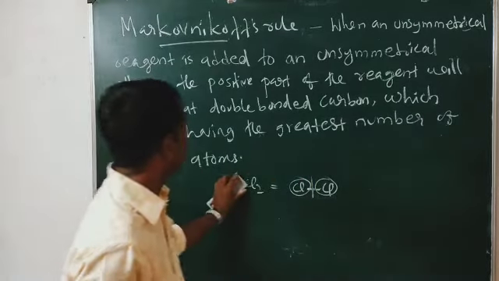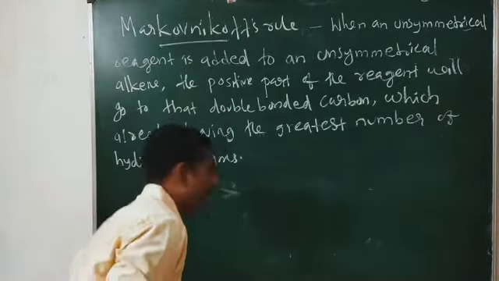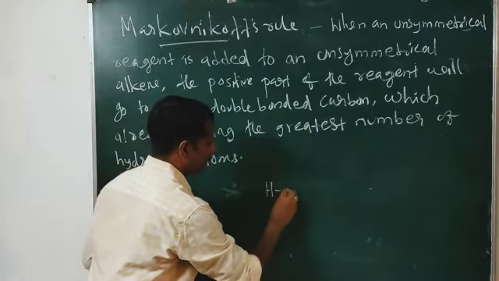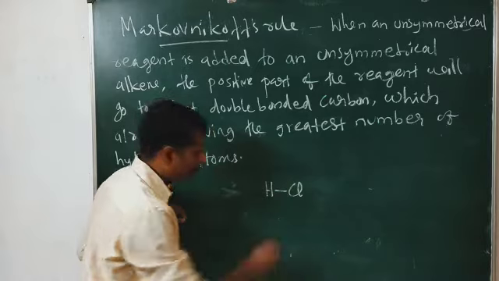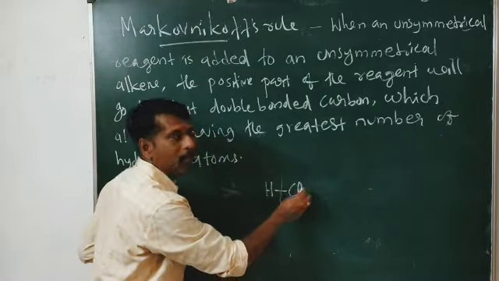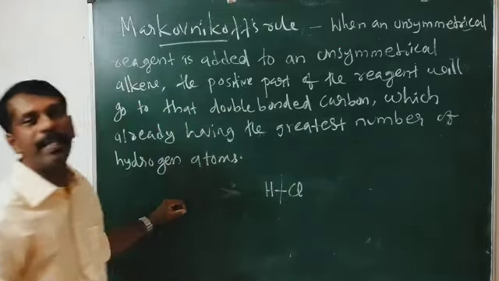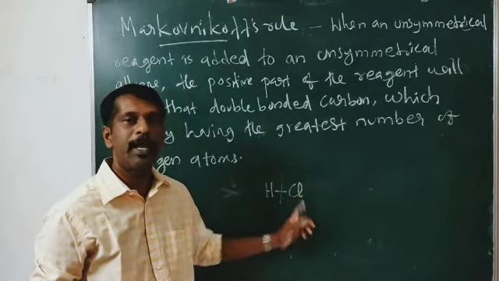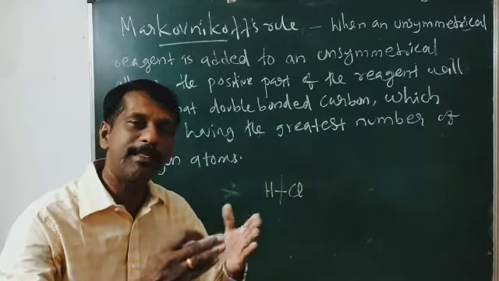So we need, suppose, addition of hydrogen halide, HCl. This is an unsymmetrical reagent because here it is hydrogen and here it is chlorine. So when an unsymmetrical reagent is added to an unsymmetrical alkene.